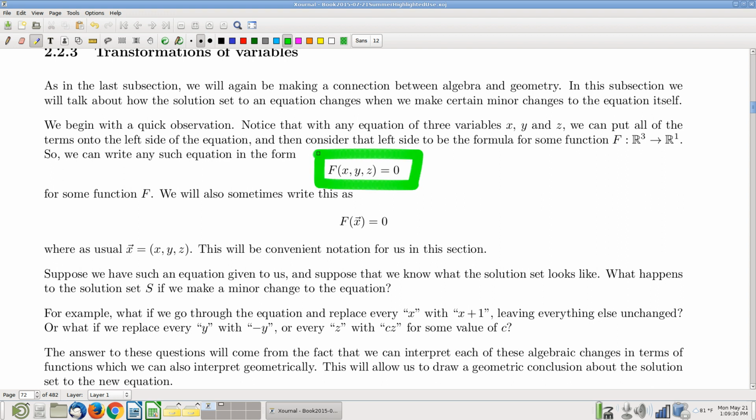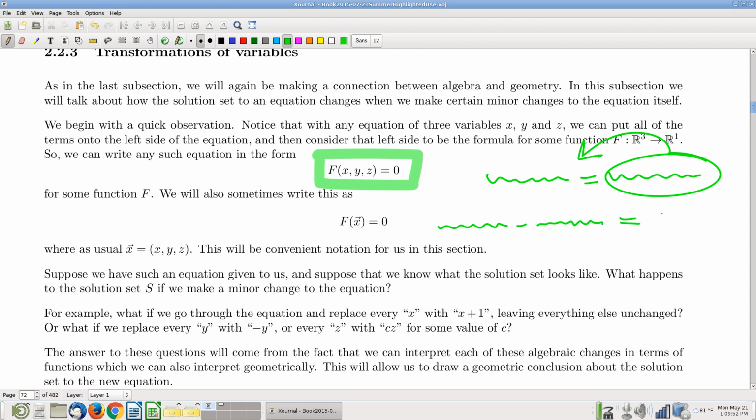If you have an equation of 3 variables, I want to think of it like this. I claim you can always do this. Whatever your equation might happen to be, if you have a bunch of junk involving 3 variables equals a bunch more junk involving 3 variables, you can always take whatever is on the right and whip it over to the left and get a great big bunch of junk involving 3 variables equals 0.